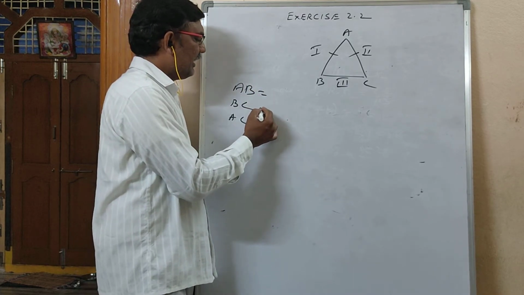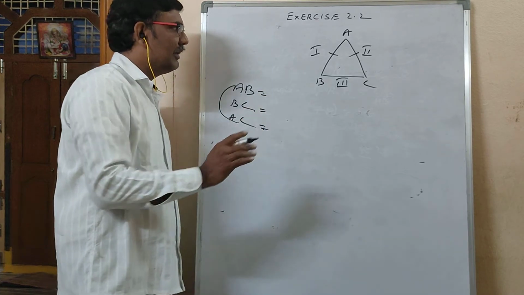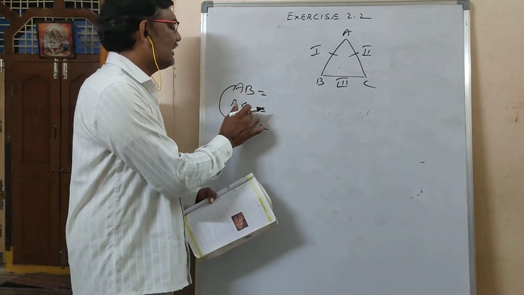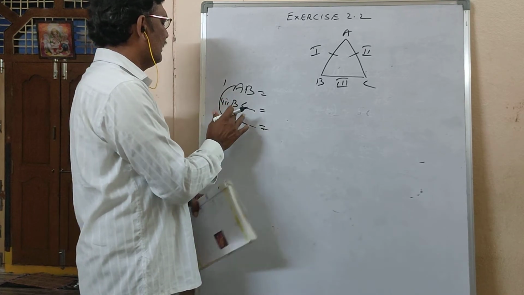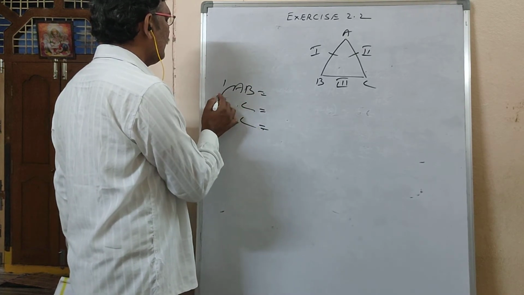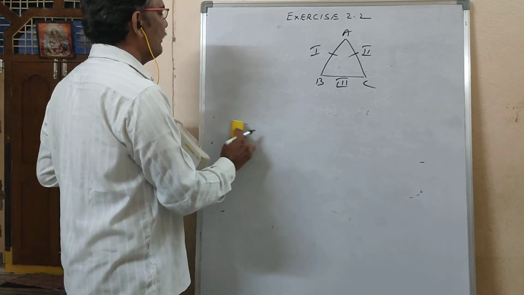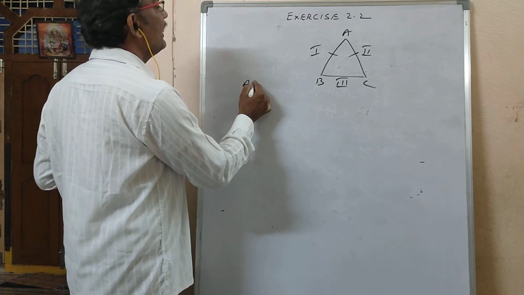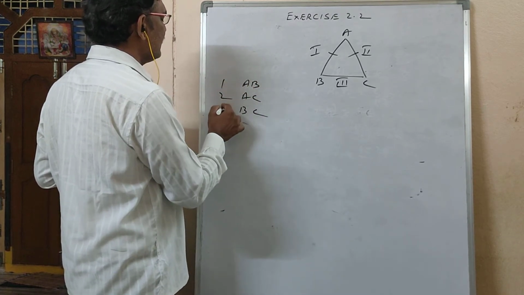We know that AB and AC are equal. BC is the third side. If you want otherwise, write 1, 2, 3. Without confusion, equal sides I am taking as AB here, AC here, BC here. It is the first side, second side, third side.